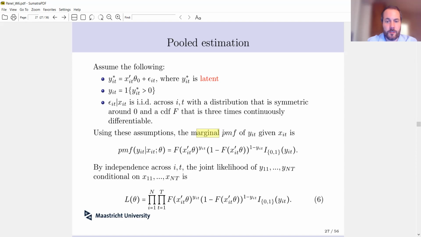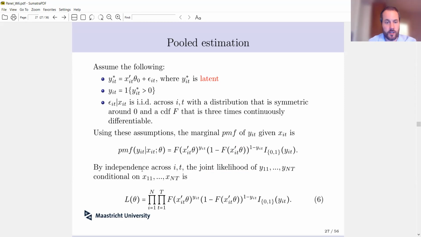Then we get to the marginal PMF, the probability mass function of Y_it. Because Y_it is binary, it is just this. Whenever Y_it is 1, we get this part. And whenever Y_it is 0, we get this part. And that's pretty much it.